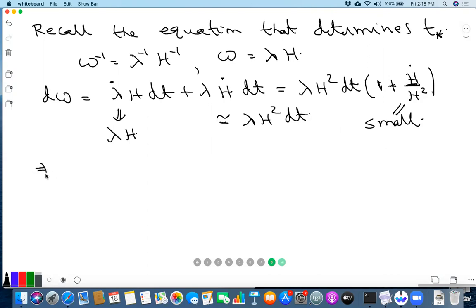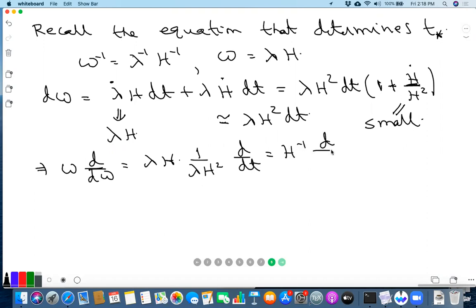So this means that omega d d omega, so omega is lambda h, and d d omega will be 1 over lambda h square d dt. So this gives you h inverse d dt.